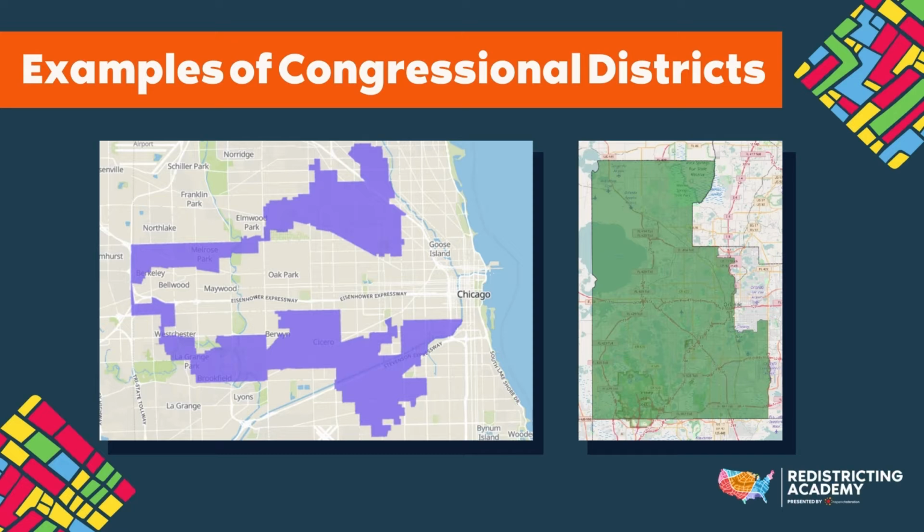If you see here, we have two congressional districts. On the left-hand side, you have the congressional district of Representative Chuy Garcia in Illinois, which is a really famous example of a district that was actually drawn to not dilute minority voting strength. If you see here on the north side and the south side of the district, there are a lot of communities that have traditionally not been represented in Congress.